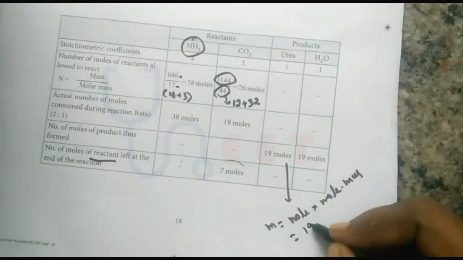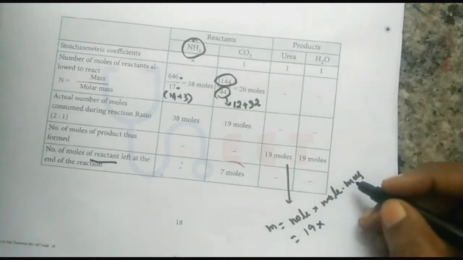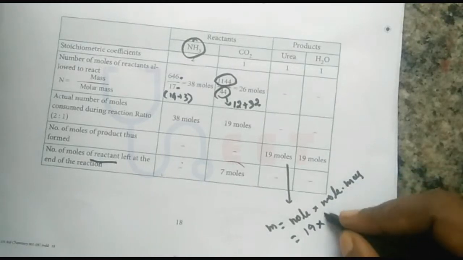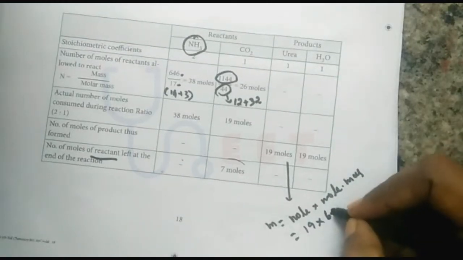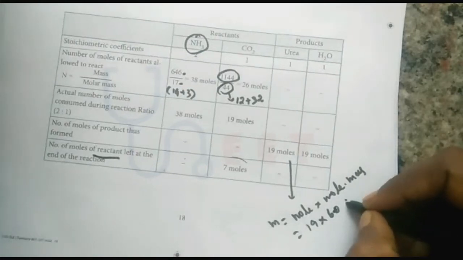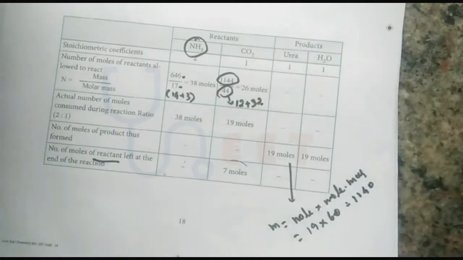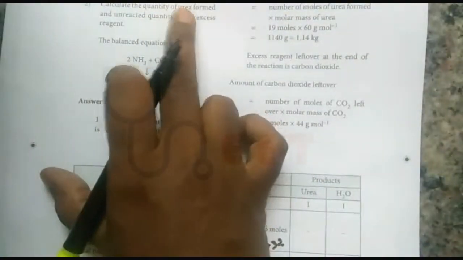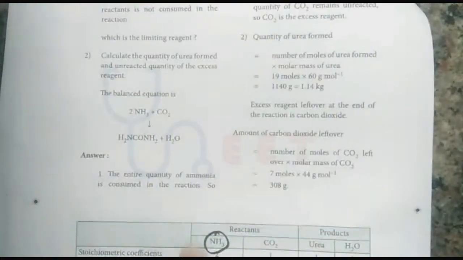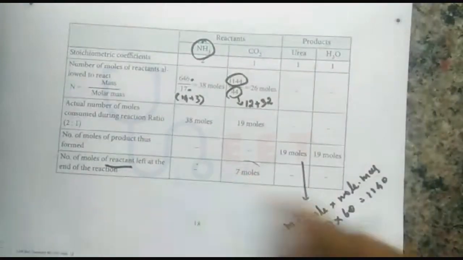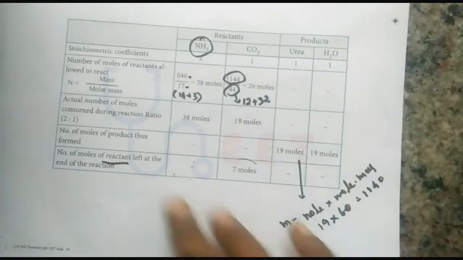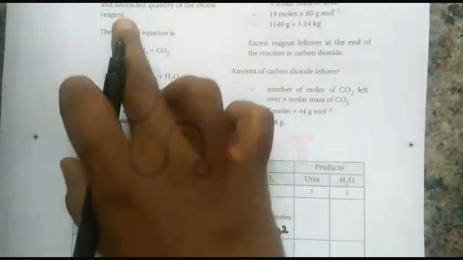Here moles is 19 and the molecular mass of urea is 60. So the answer is 1140. That is the quantity of urea formed.